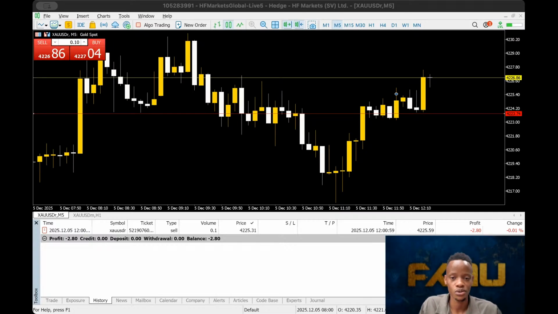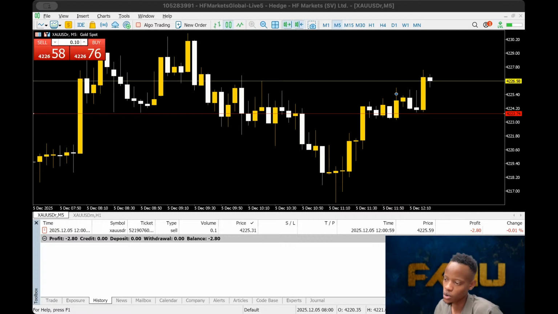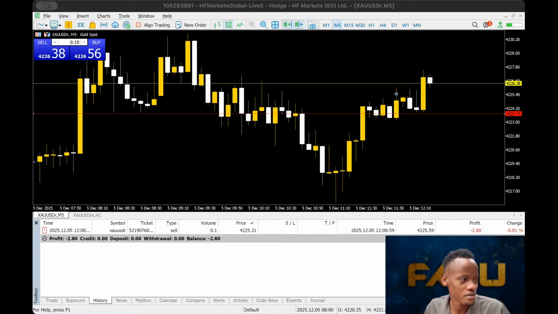I want to wait for price to retrace down, and then we catch the buys. So maybe in New York, we'll catch up. New York is like 1.5, let me see, 2.5 hours away.